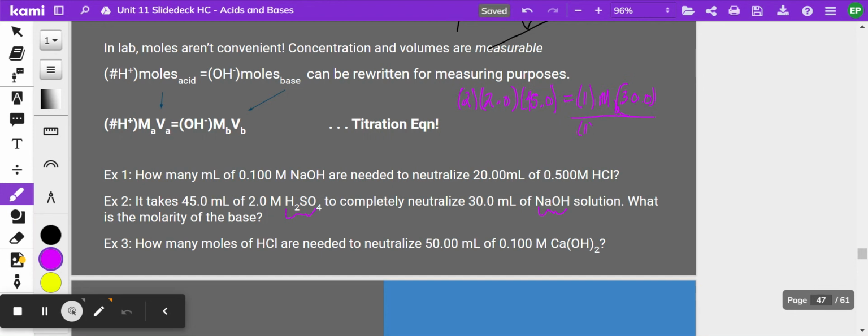Divide both sides by 1 times 30.0. We will end up with the concentration of the base at the equivalence point equal to 6. If we are discussing sig figs here, we should ignore these counting numbers and focus on these: 3, 2, and 3. So we will go with 2 sig figs, which would require us to say 6.0 molar is the concentration of our sodium hydroxide solution.